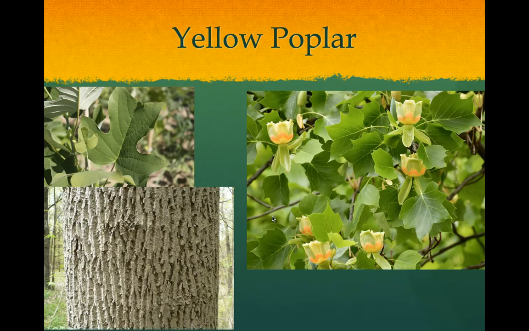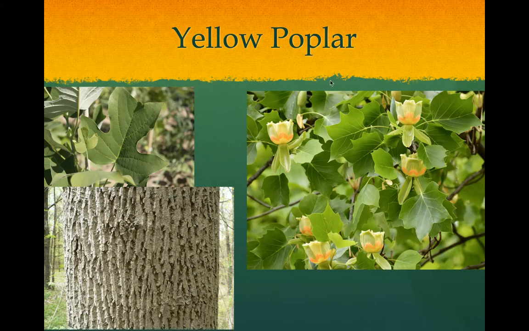The leaves themselves, some people say they kind of look like a cat head. I really don't get that; I think it looks more like a tulip. And the flowers on them also look like little tulips. The flowers are typically on them in the spring. I think the question that goes along with this tree says something about white flowers.